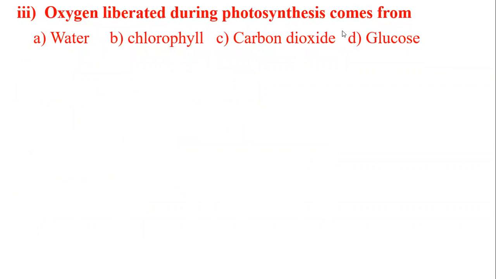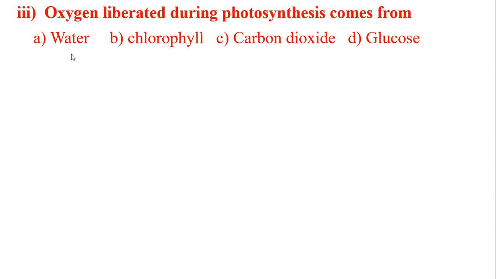Next question: oxygen liberated during photosynthesis comes from. We have different raw materials for photosynthesis: water, carbon dioxide, and chlorophyll. You can't take glucose because it is a product of photosynthesis. From the raw materials, the oxygen will get liberated.